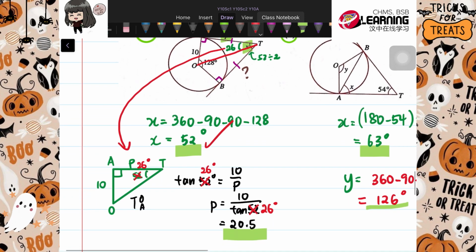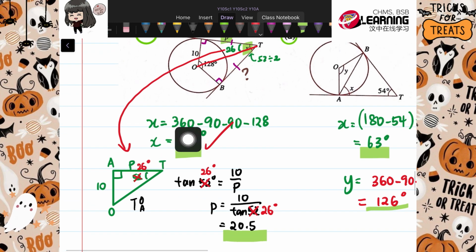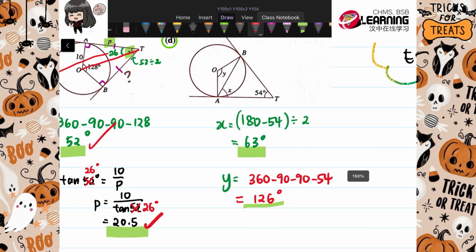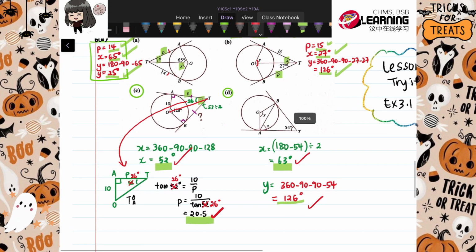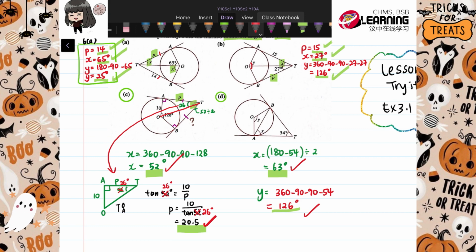I mistakenly thought that it's 52. I wrote it down from here. This x is not 52, it's 26. So the answer is 20.5. And then x is 63 and your y is 126. Your y is 360 minus the 90 and 54 to get this. That's all for your homework.